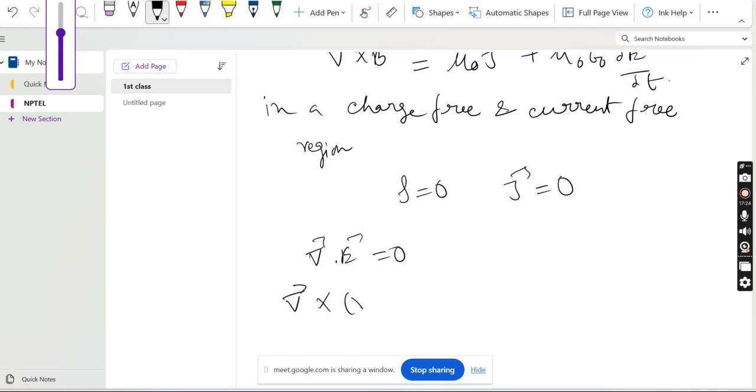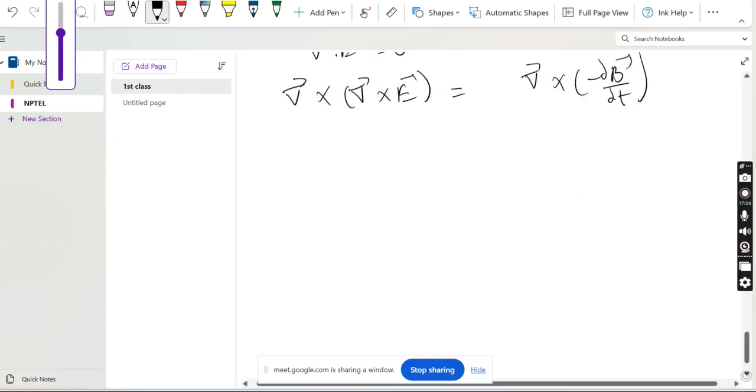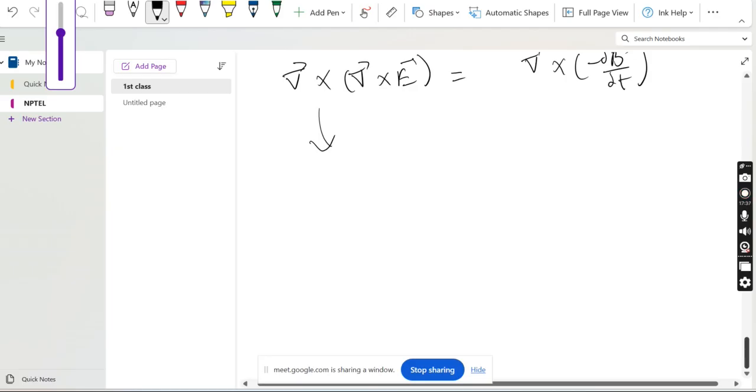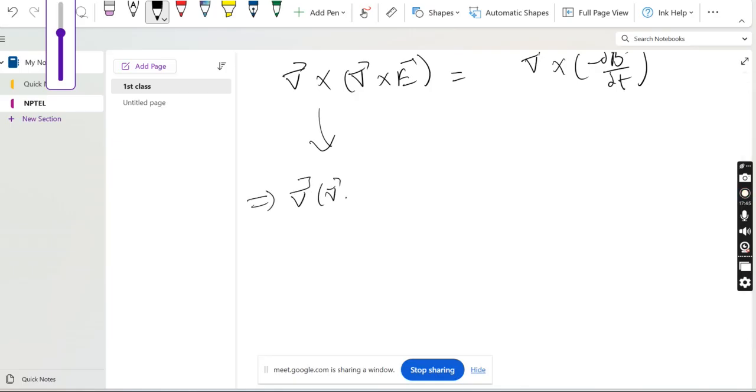Take Faraday's equation and take a curl on both sides. Here you need to use an identity: curl of curl of a vector field is gradient of divergence of that field minus del square of that field.